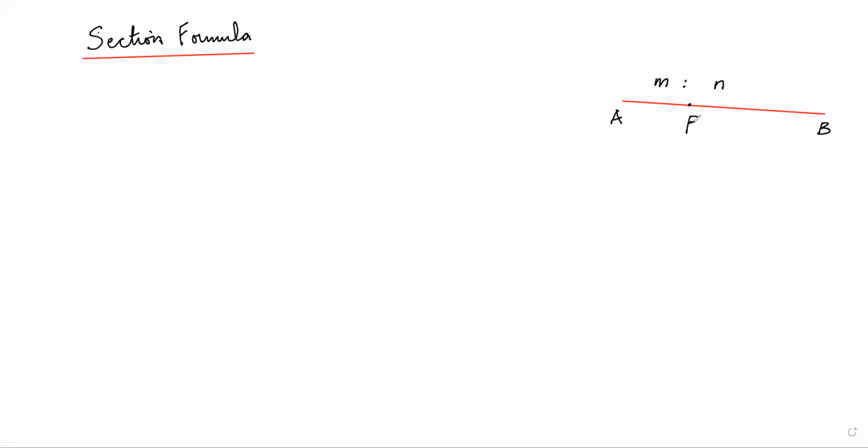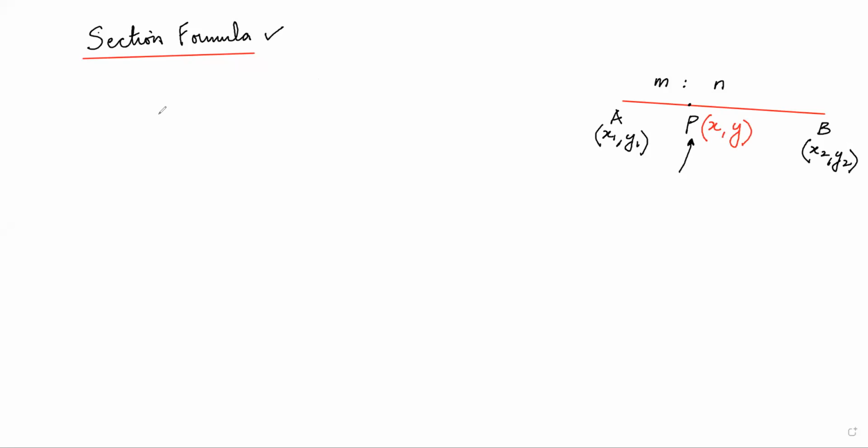Now, if coordinates of A are given and coordinates of B are also given, the section formula helps us to find the coordinates of dividing point P. As simple as that. So basically, we want to find the coordinates of point P by the section formula.